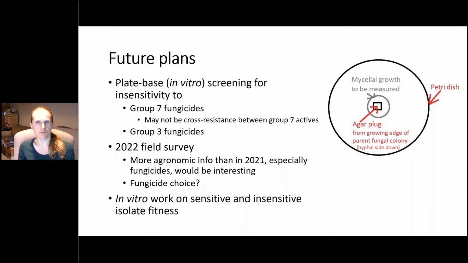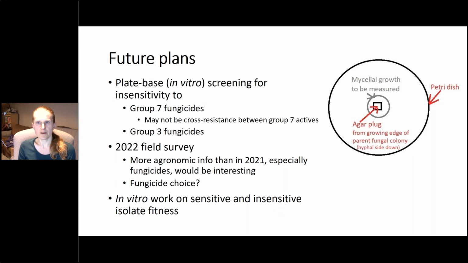So we want to look into the possibility that insensitivity to group 7 fungicides has also developed, and then eventually looking at insensitivity to group 3 fungicides. And this will be done on plates based on the growth of the fungus.